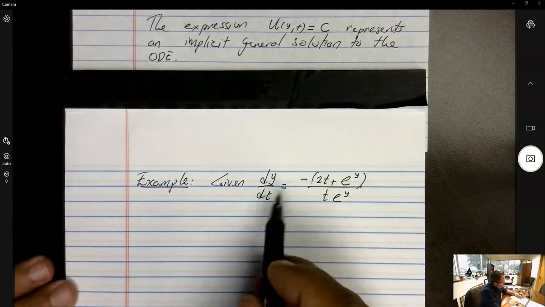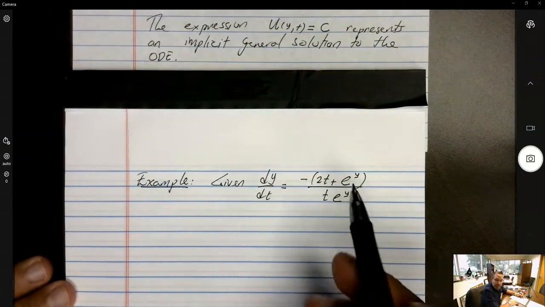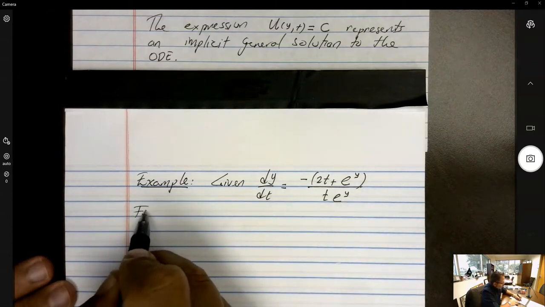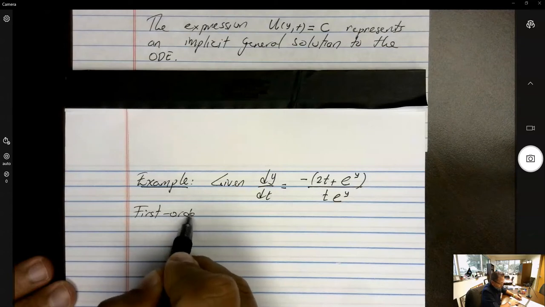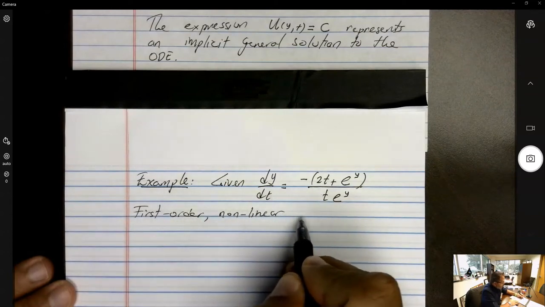So obviously, well, this is already written as dy dt is equal to a function of y and t, as you can see. This is a first order nonlinear ODE.